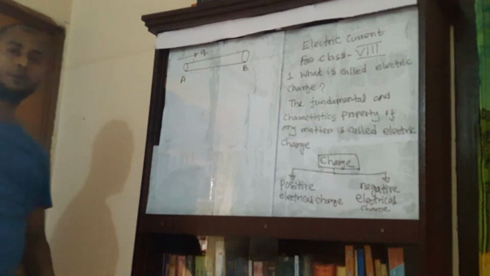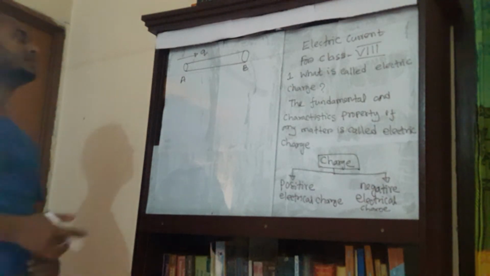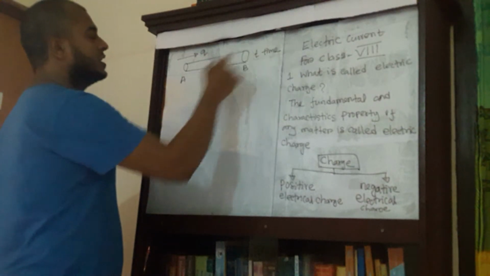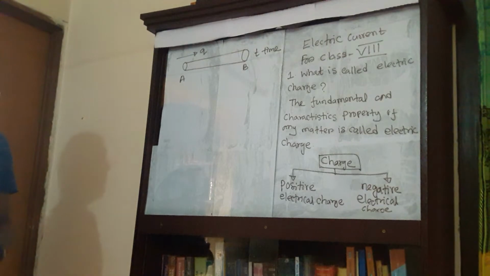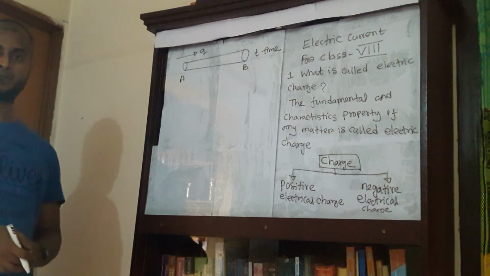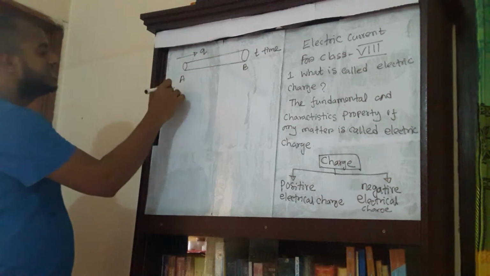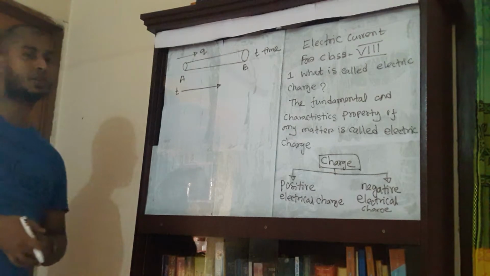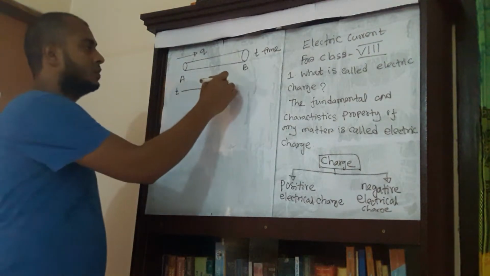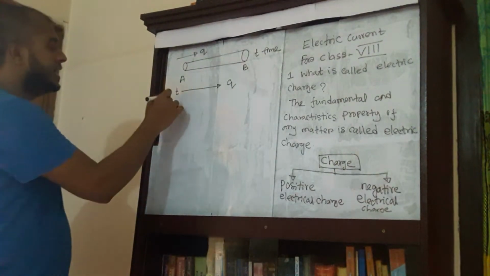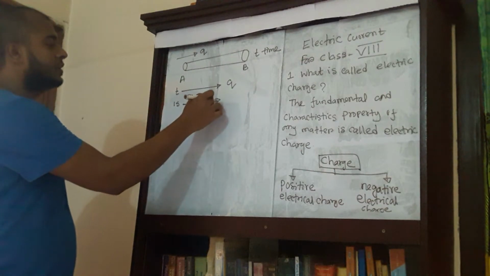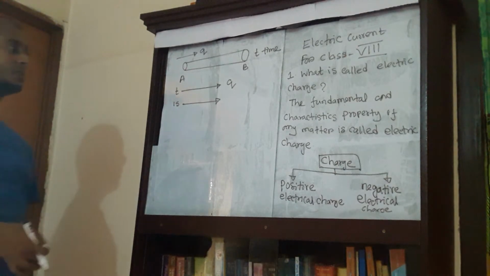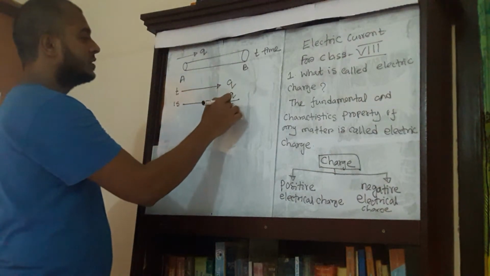To pass Q amount of charge, the required time is t seconds. So in t seconds, the amount of electrical charge passing through this conductor is Q. So in 1 second, the amount of charge that flows through this conductor is Q divided by T.